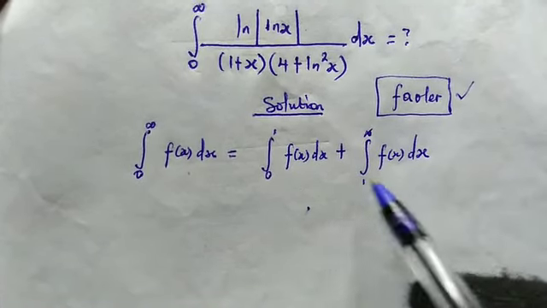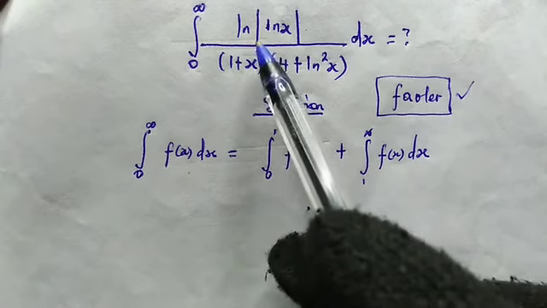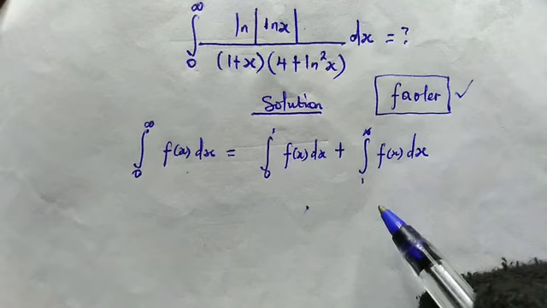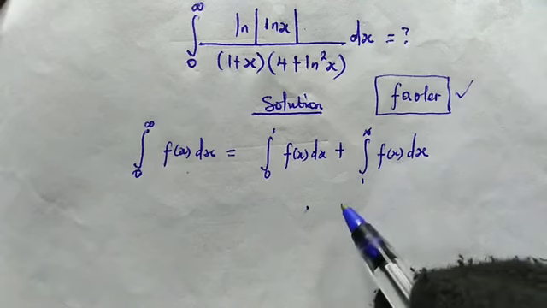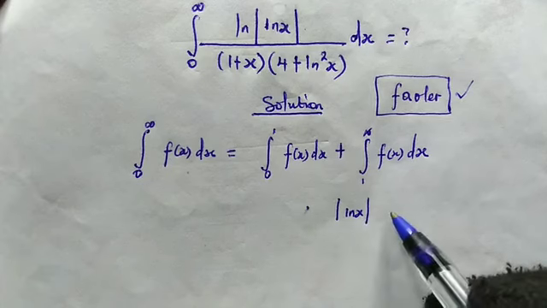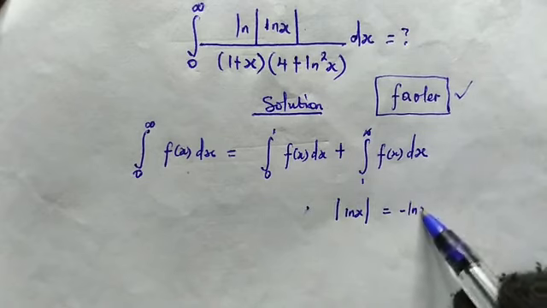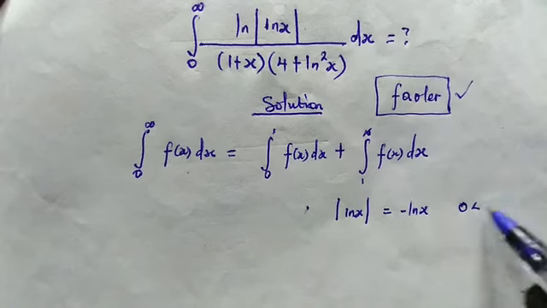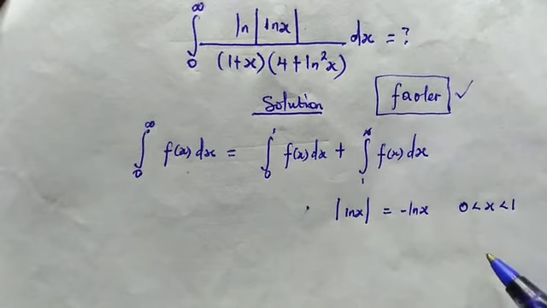The reason why I'm making use of this property here is because of this absolute value function. Let us talk about this absolute value function of the natural logarithm of x. We all know that the absolute value of the natural logarithm of x is going to be negative natural log of x, where 0 is less than x and x is less than 1.